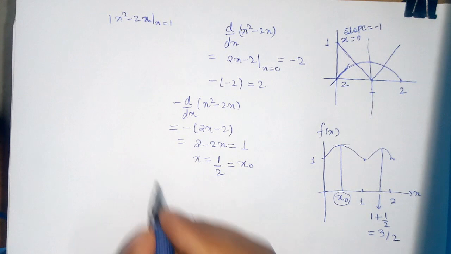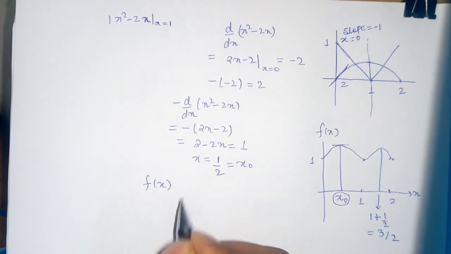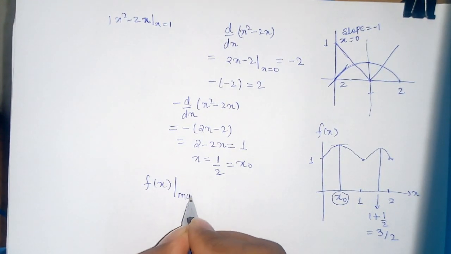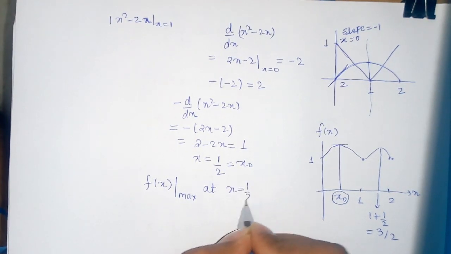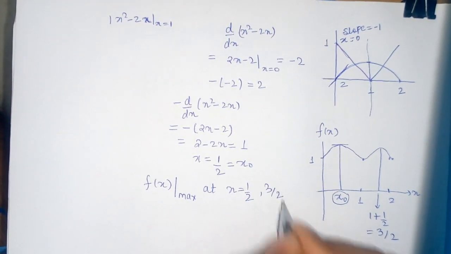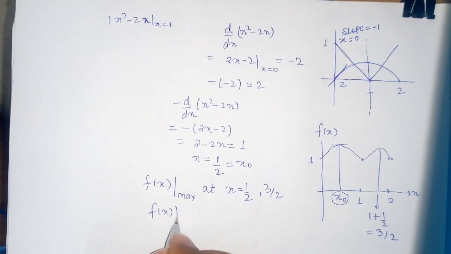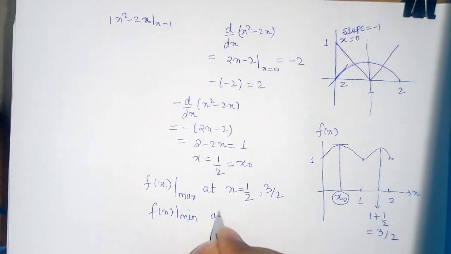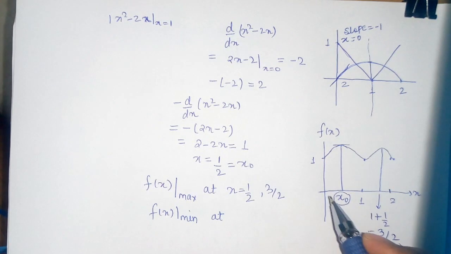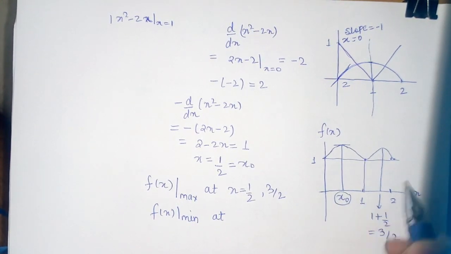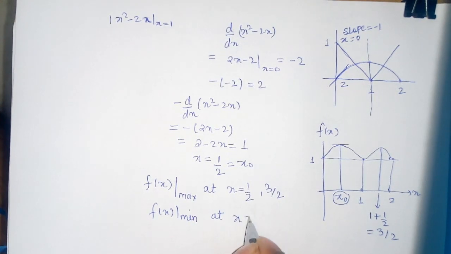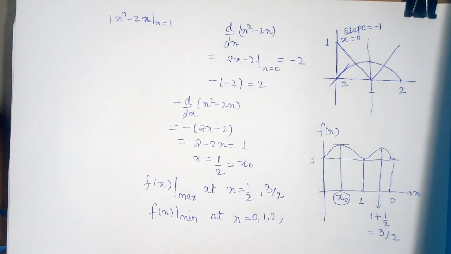So f(x) achieves its maximum at x equals half and 3 by 2, and f(x) is minimum at x equals 0, 1 and 2.